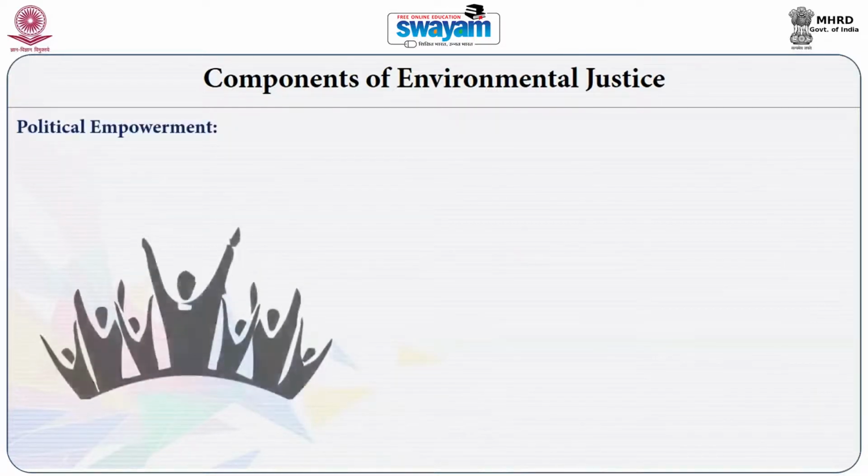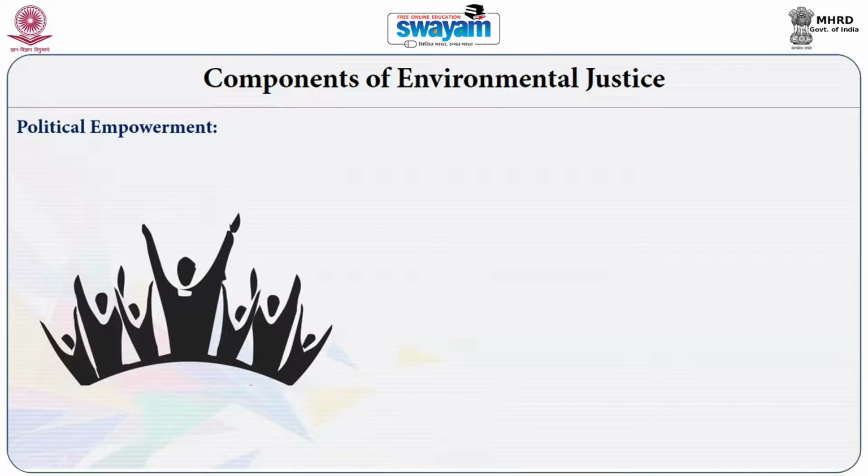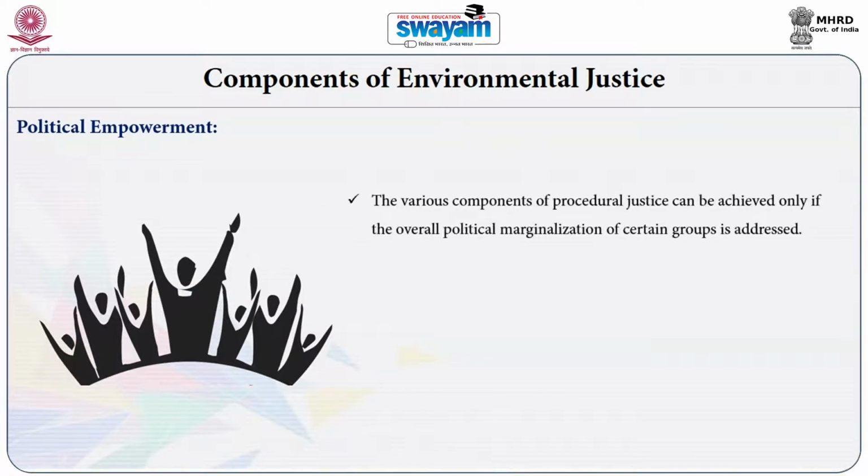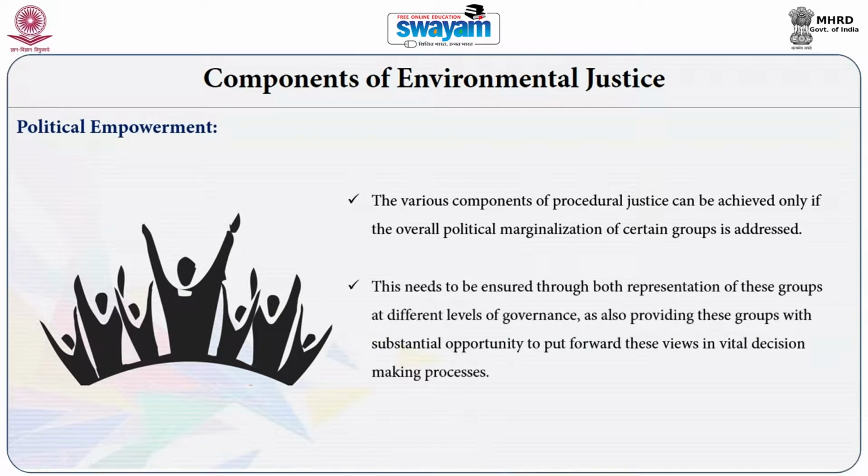And finally, the question of political empowerment. The various components of procedural justice can be met only if the overall political marginalization of certain groups is ended. This needs to be ensured through both representation of these groups at different levels of governance, as also providing these groups with substantial opportunity to put forward their views in vital decision-making processes.